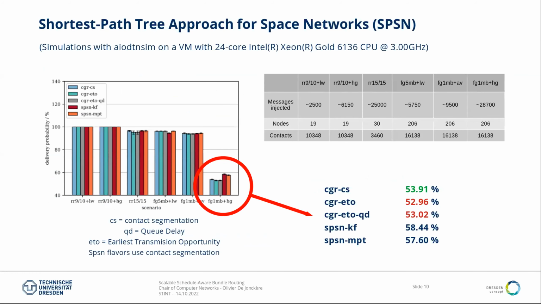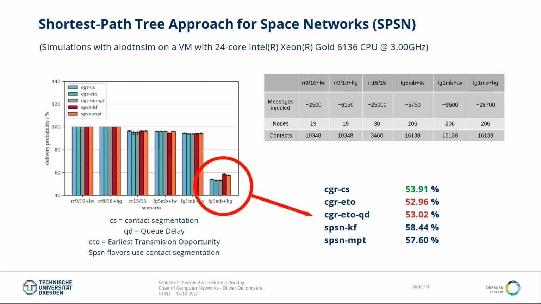So now we can switch to the preliminary evaluation. Contact segmentation was implemented for CGR in the IODTN SIM simulator to isolate the feature and see how it behaves. And we can see that we can have a 1% gap, so better delivery rates, or a 2% increase.